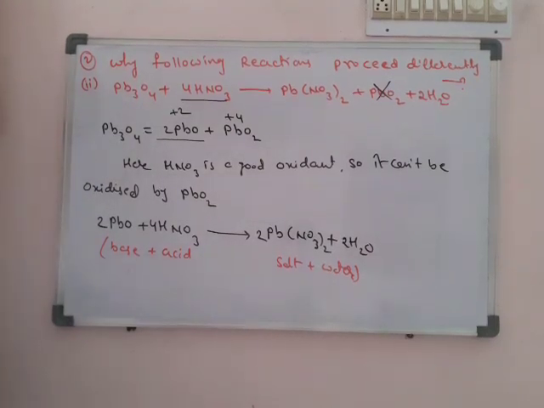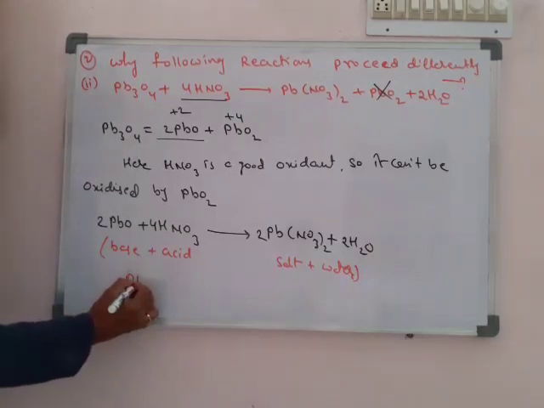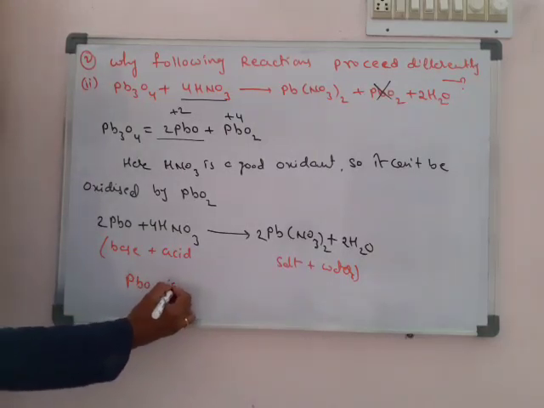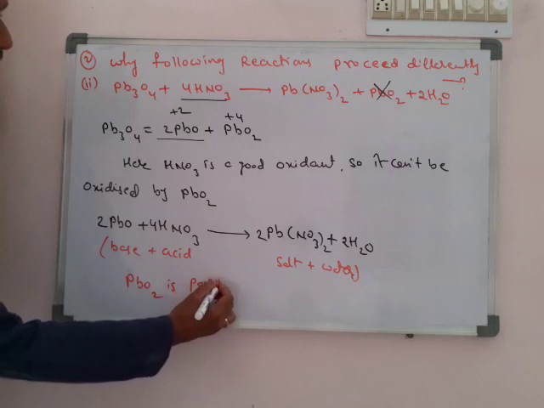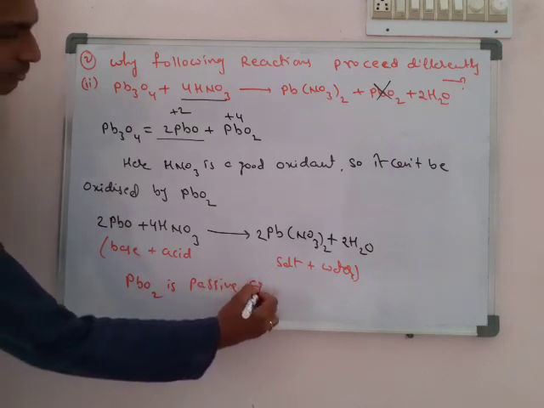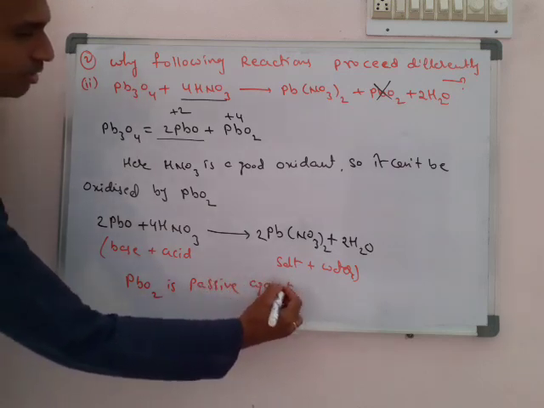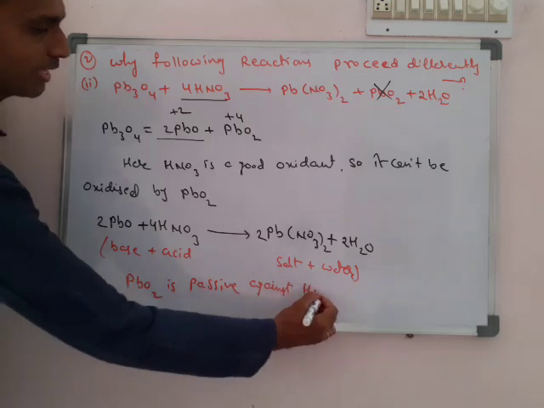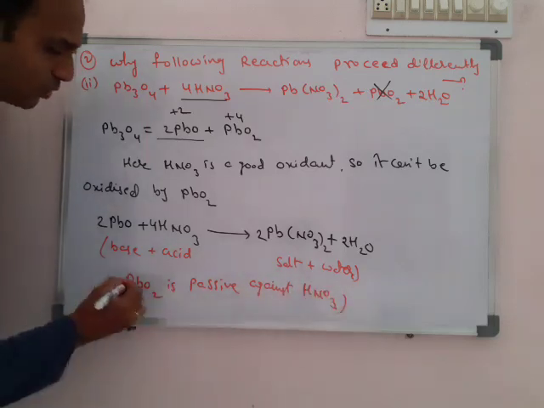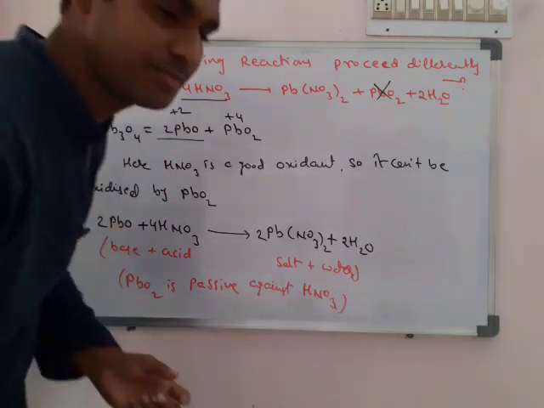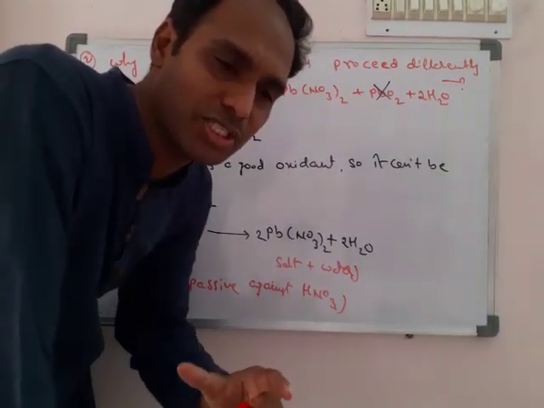So generally, I first read the sentence: this PbO2 is passive against HNO3. So the non-reacting condition is called passive.